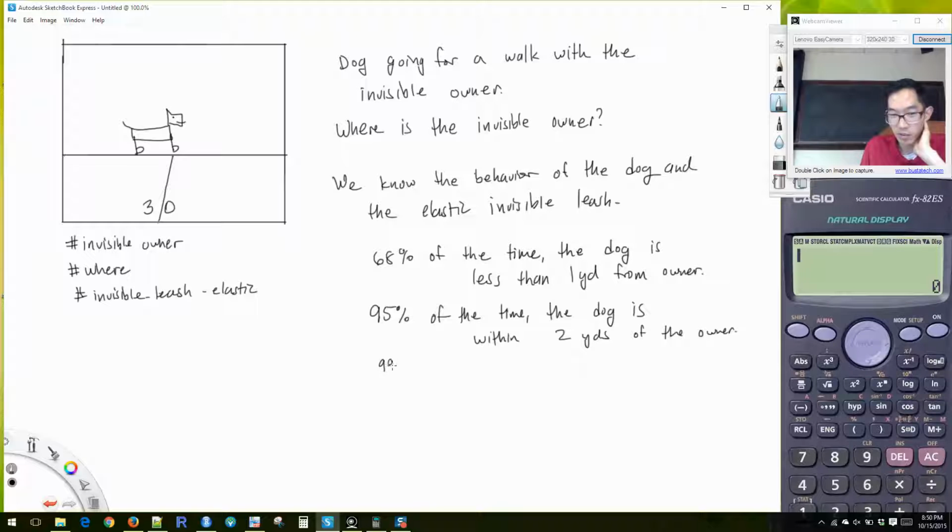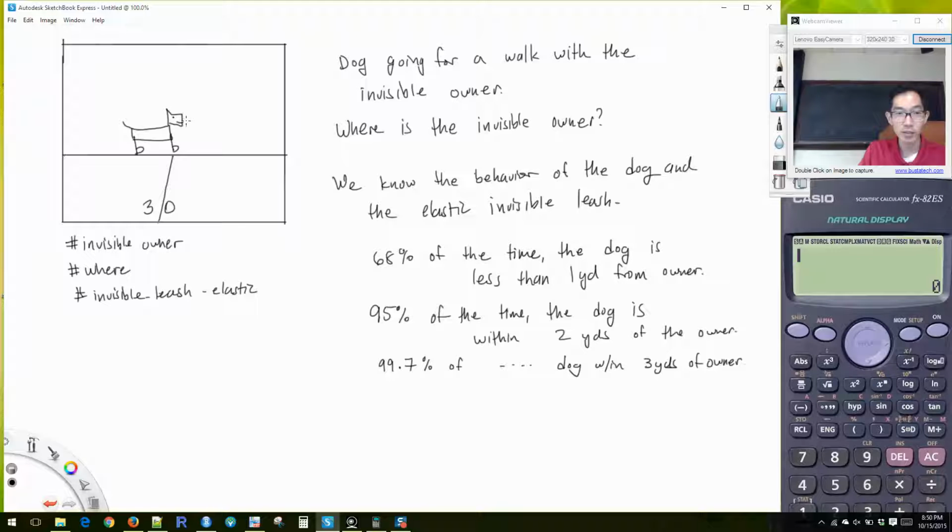And then, what do you think this last thing will say? 3 yards. Yeah. So every now and then the dog will find something really interesting and pull a decent amount against the leash, but will still remain within 3 yards of the owner, and only in very rare circumstances will the dog pull very hard against the leash and be more than 3 yards from the owner.